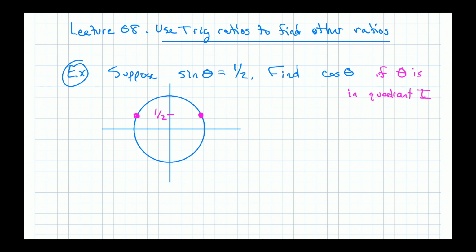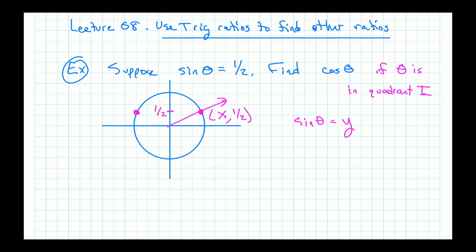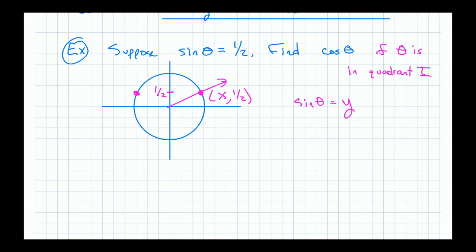Then you know it's this one over here. So you've got this point. You know that the sine value is the y value, like sine theta is y. So you've got this x coordinate that you don't know, and you have the y coordinate that is 1/2.